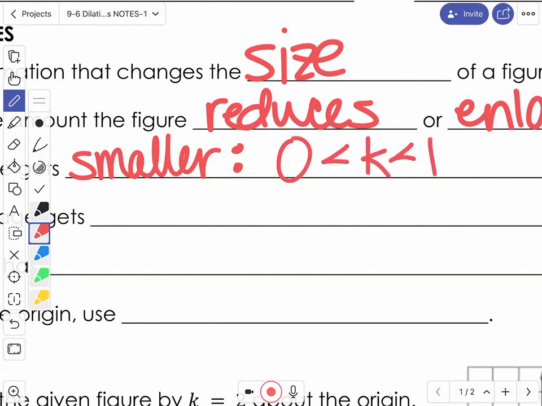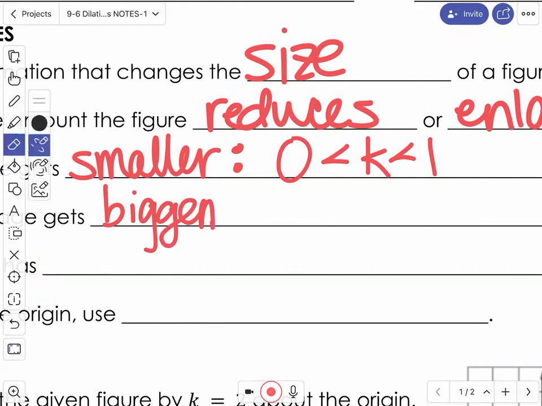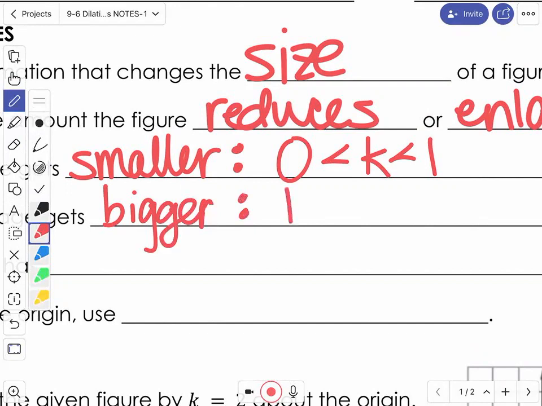Now, the enlargement is when your figures are getting bigger. Oops, sorry, can't spell. And in this case, your scale factor, the K, will be greater than 1.